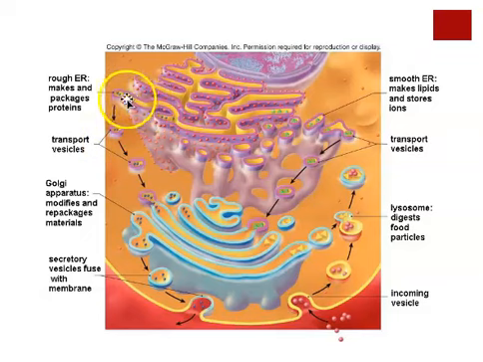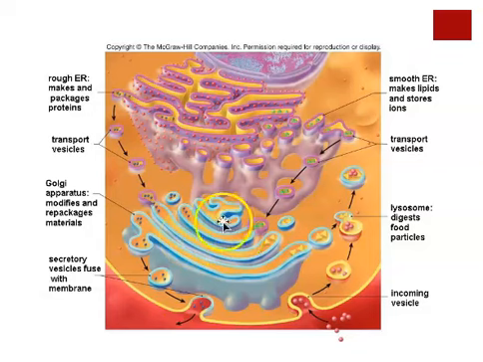It's going to come off of the RER and create a little compartment called a transport vesicle with the protein inside. That transport vesicle will then come over to the Golgi, and the membrane of the transport vesicle will merge with the membrane of the Golgi apparatus, and the protein will be passed into the Golgi apparatus.